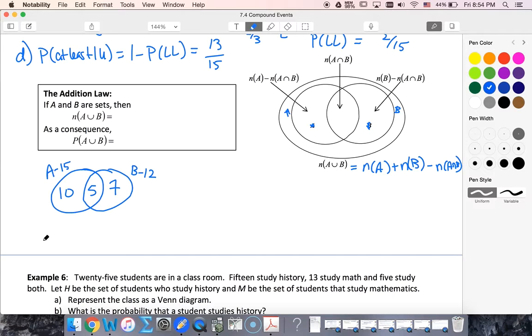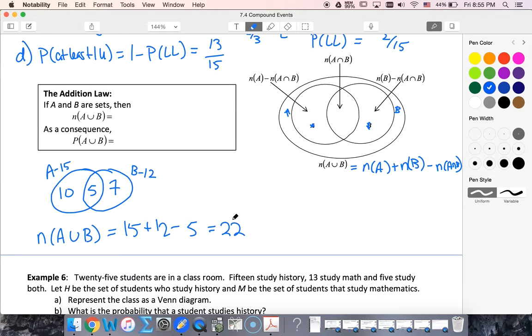But if I wanted my total number of art or basketball students, that's what my union means. So this is people who do art or play basketball or do both. Well, I could do 15 plus 12 and then subtract out the 5, because when I add 15 and add 12, that 5 has been included twice. So of course we would have a total of 22.